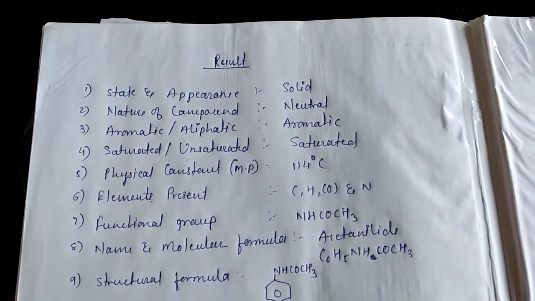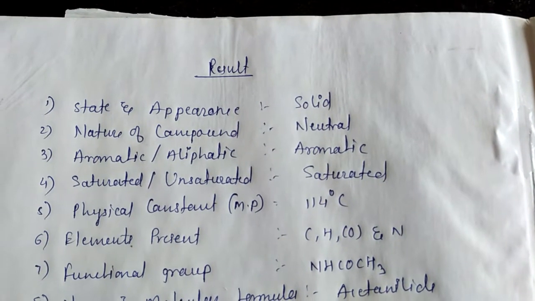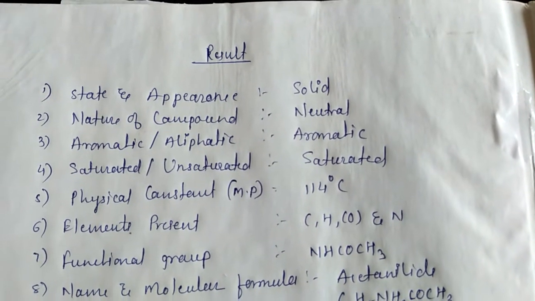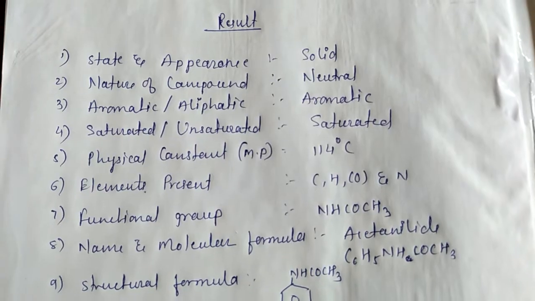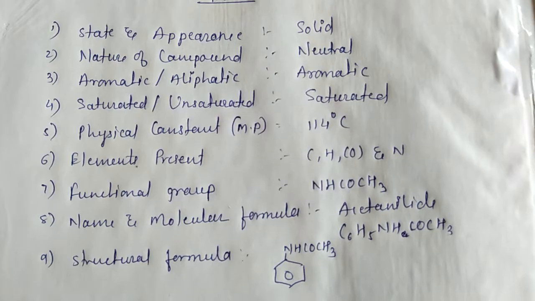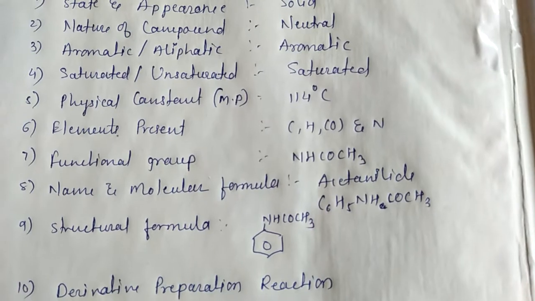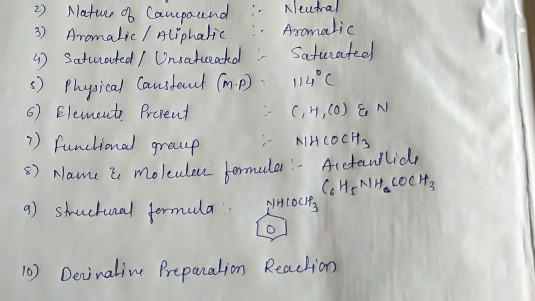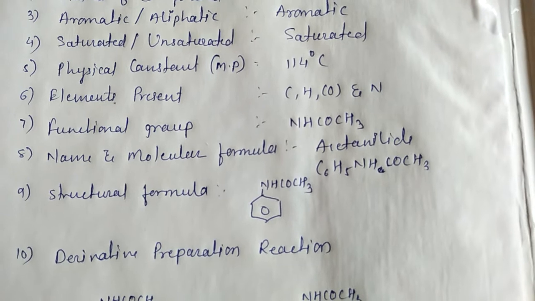We can conclude the experiment with the help of the result: state and appearance solid, nature of compound neutral, it is aromatic, saturated, its physical constant, that is melting point, 114 degrees Celsius, elements present are carbon, hydrogen, oxygen and nitrogen, functional group NHCOCH3. The name of the compound is acetanilide.